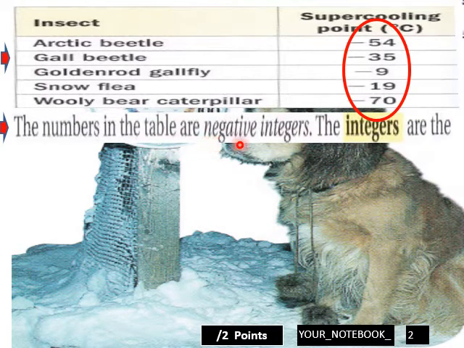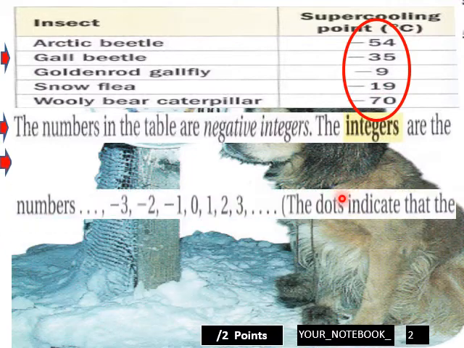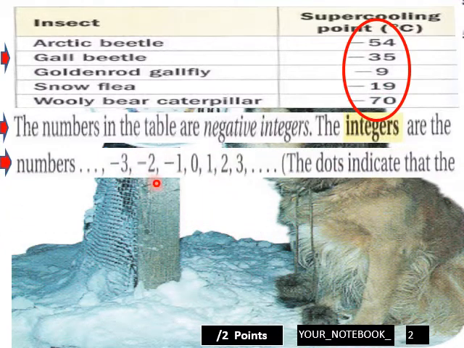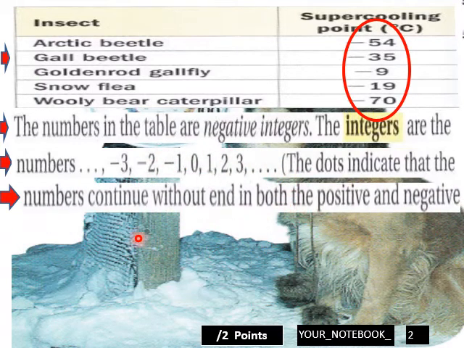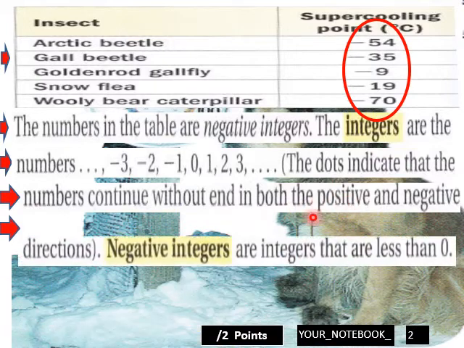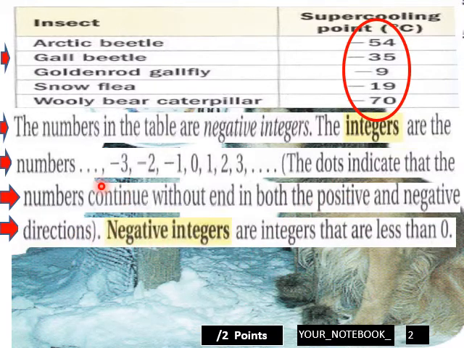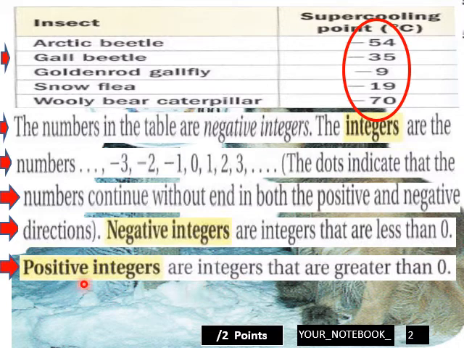The numbers in the table are negative integers. Each one of these is a negative integer. The integers are the numbers ..., negative 3, negative 2, negative 1, 0, 1, 2, and 3, ... These are integers here. The dots indicate that the numbers continue without end, in both the positive and negative directions. It can also be called an ellipsis, actually, but we won't go there. Negative integers are integers that are less than 0.